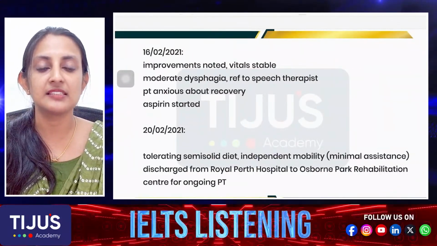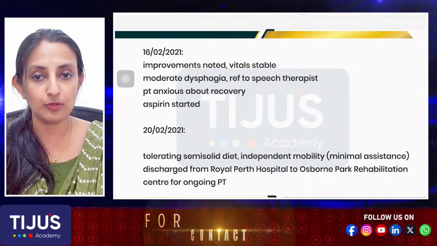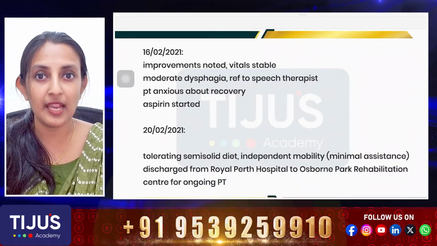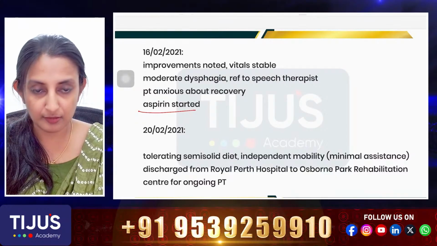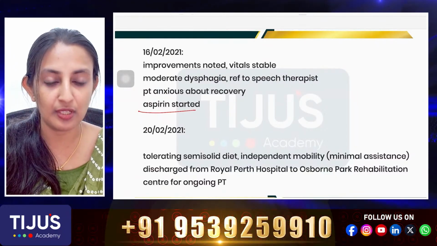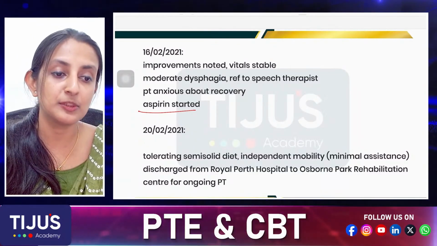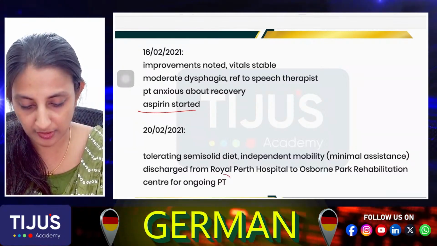In subsequent days, his condition improved, vitals became stable, and there was moderate dysphagia, therefore he was referred to a speech therapist. The patient was anxious about the recovery, and we started treatment measures as well, like aspirin. The patient started tolerating a semi-solid diet, was independent with his mobility, and was discharged from Royal Perth Hospital to Osborne Park Rehabilitation Center for ongoing physiotherapy.